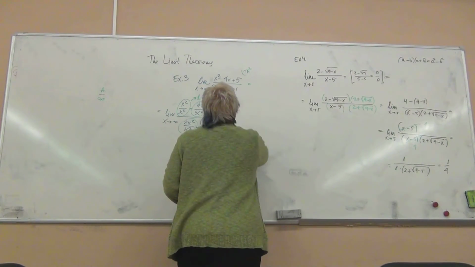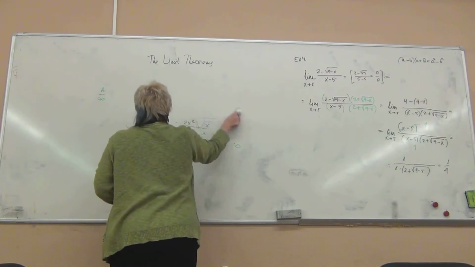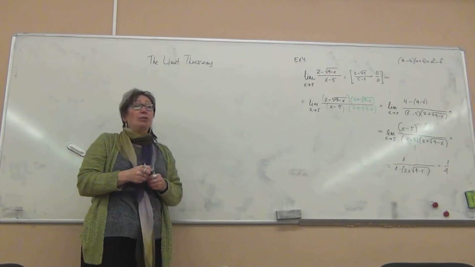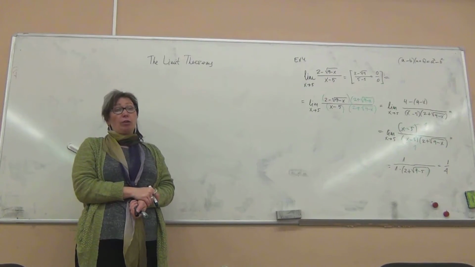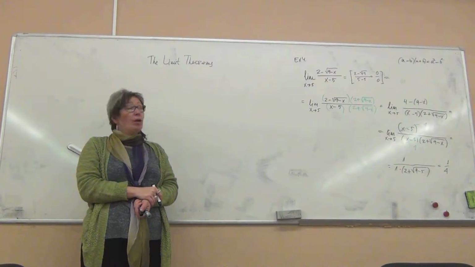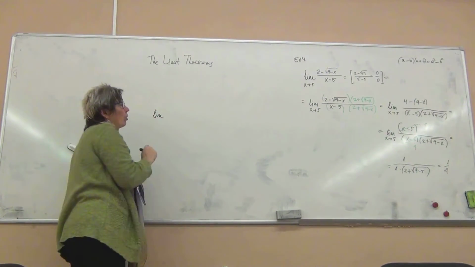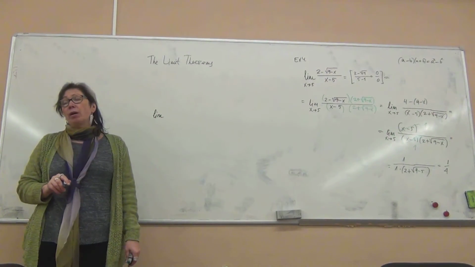Now, there's another situation where we might encounter radicals, a different kind of situation with radicals. For instance, in this case, it will not be 0 over 0.